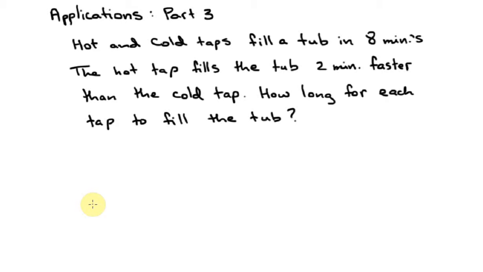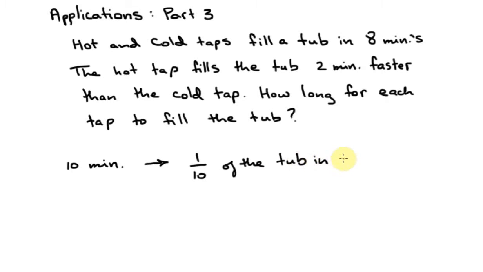So before I start working on this one, I just want to show you something that's important, because we're going to set up some rates here. If, for example, let's say the hot tap needs 10 minutes, and I'm just grabbing that number out of the air, then how much of the tub would you fill in 1 minute? So in 1 minute, you would fill 1/10 of the tub.